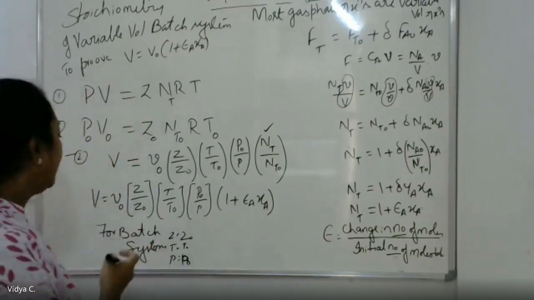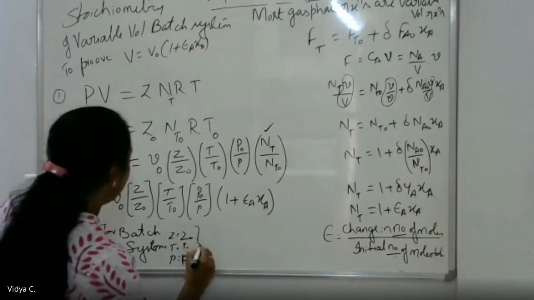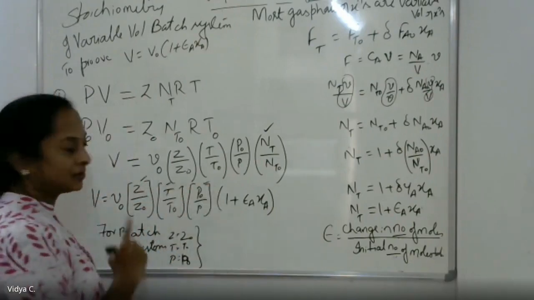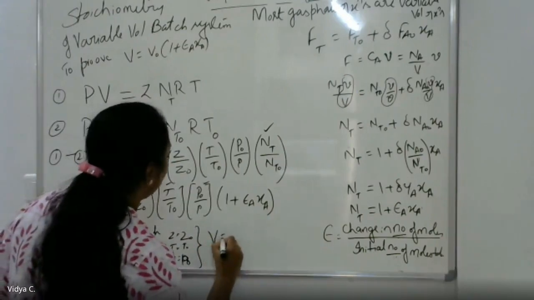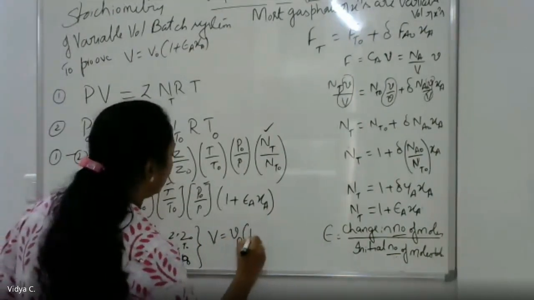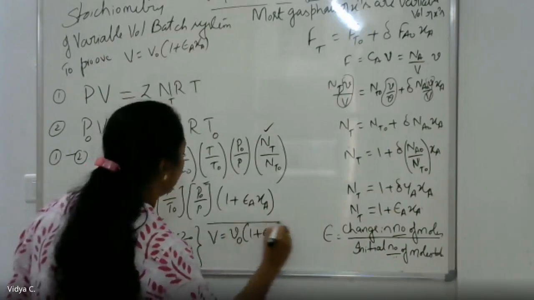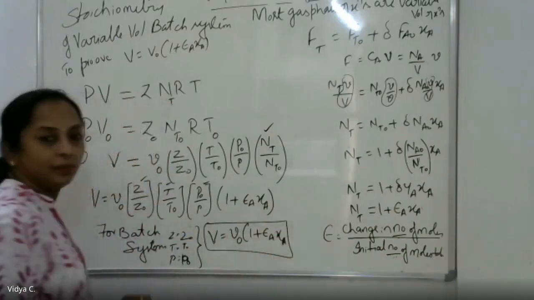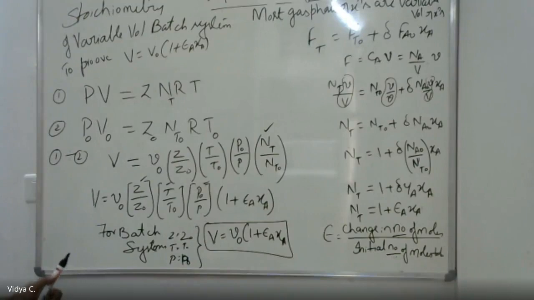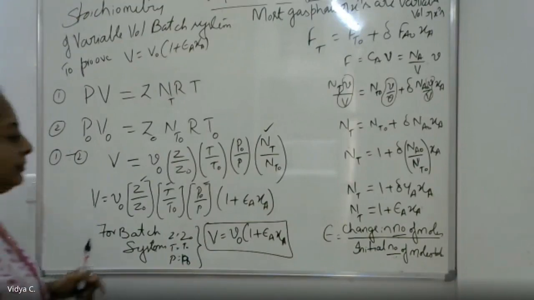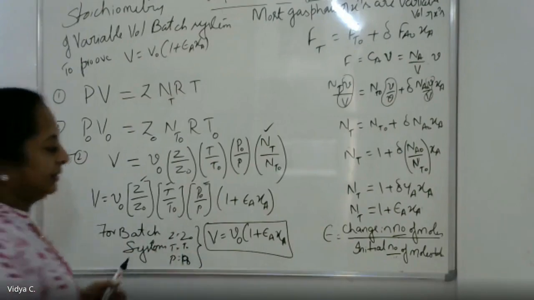So for a batch system, all these ratios are equal to 1. What am I left with? V is equal to V naught into 1 plus epsilon A XA. This is very important, make a note of this.